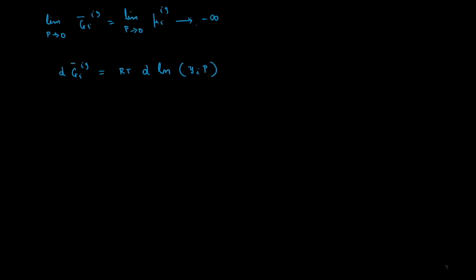For a real gas, we will write an analogous equation. dGi bar for any gas, or for any substance for that matter, not just gas, is written as RT d ln fi hat. So what I'm doing is replacing the partial pressure in the ideal gas, yi times P, which is the partial pressure Pi, with a quantity called fi hat.